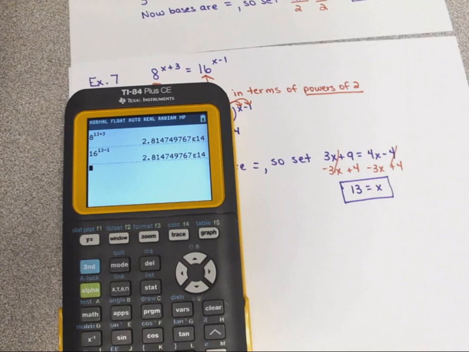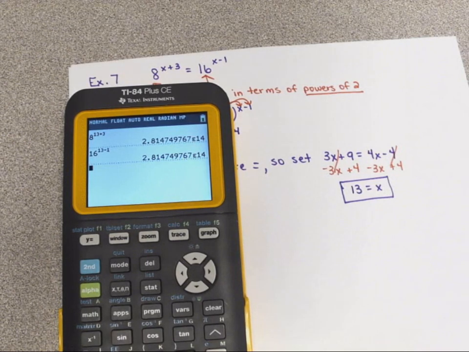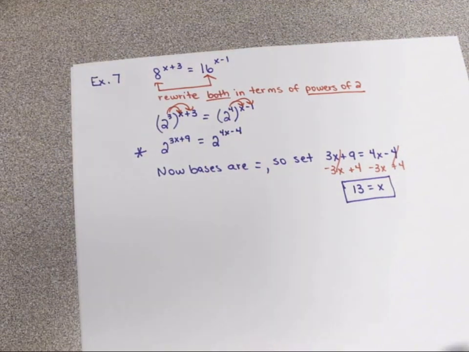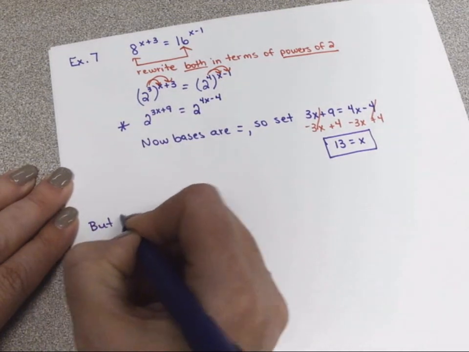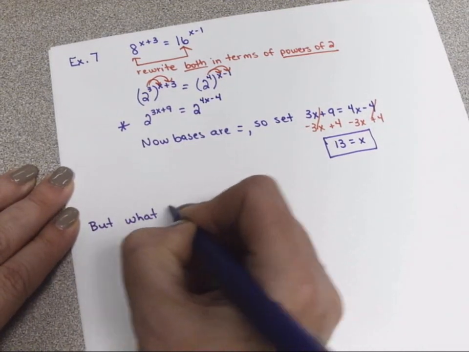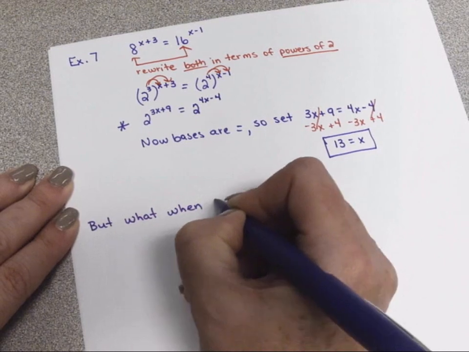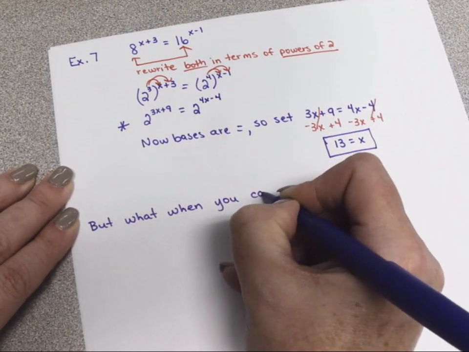So if possible, we try to get the bases to be the same. If they're not the same already, we try to rewrite them so that they have the same base, okay? But I don't think it's too much of a stretch to think about what if there's sometimes you're not going to be able to get the base the same.